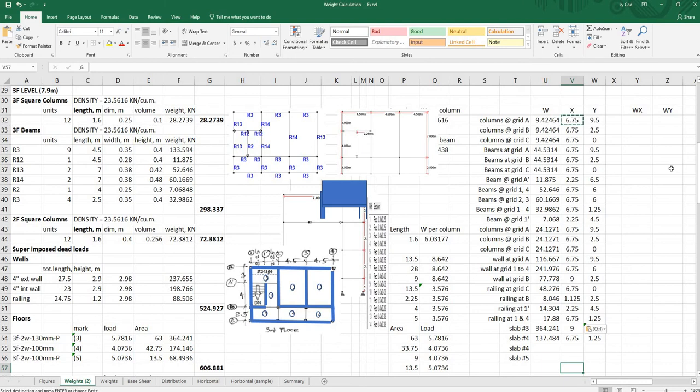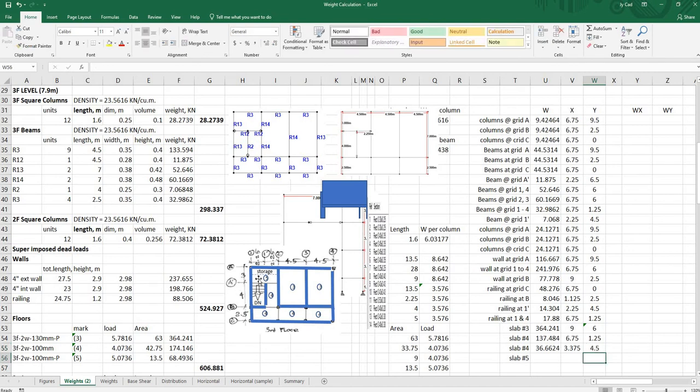Next would be slab number 4, but this time beside the stairs. And the area here is 4 times 2.25 multiplied by 4.0736. The centroid is 2.25 plus half of 2.25. And then the y-coordinate would be 2.5 plus 2, or that is 4.5.